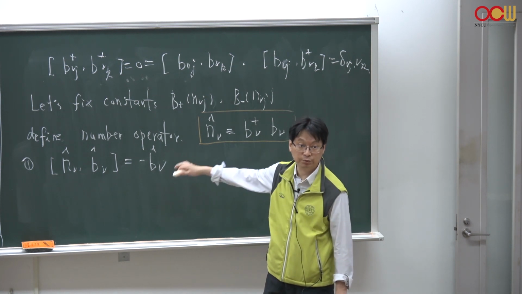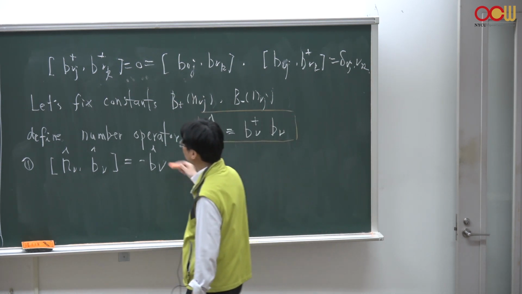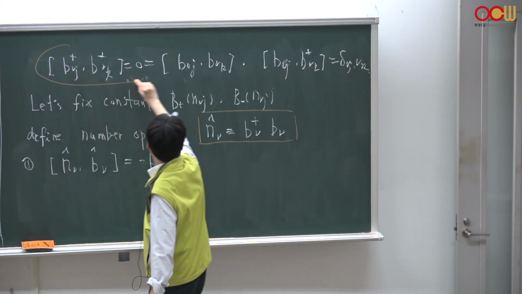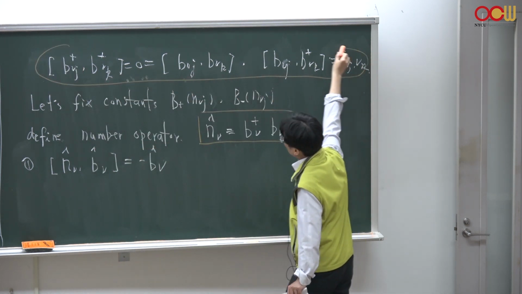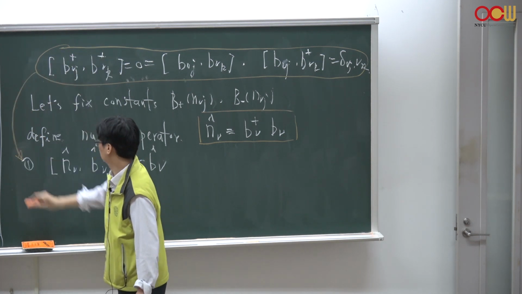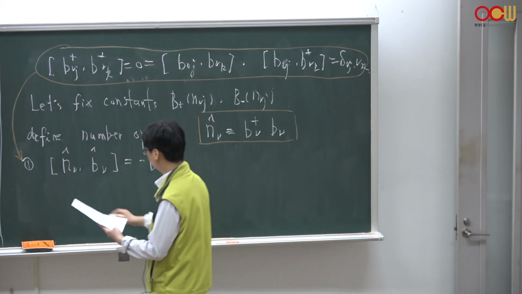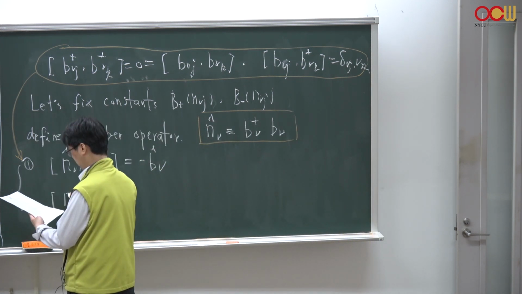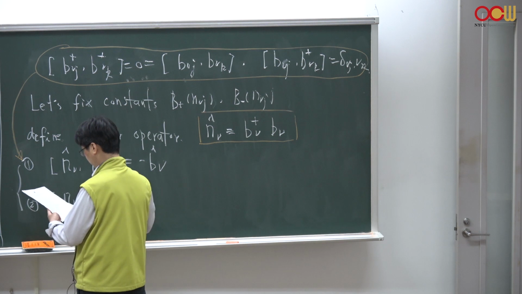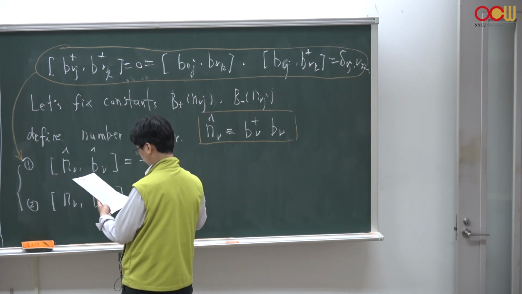Okay, the way that we prove this is to use the commutation relations above. So this is the fundamental relation for a boson system that satisfies this commutation relation. And we'll do that in just a moment. And we could also prove that n nu, if I commute with B dagger nu, I get B dagger nu.